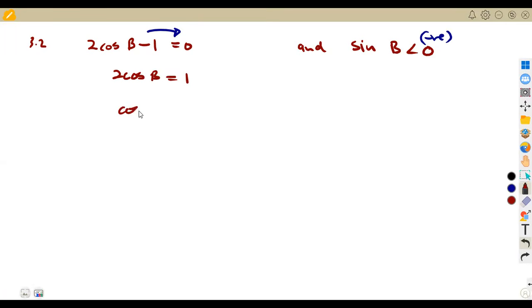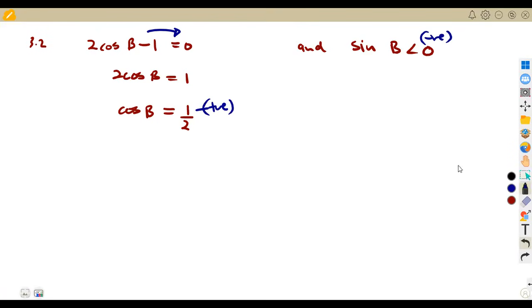To find cos b, we divide by 2 on both sides, meaning the cos of b is going to give us 1/2, which is a ratio, and it's positive. This ratio is going to give us the triangle.